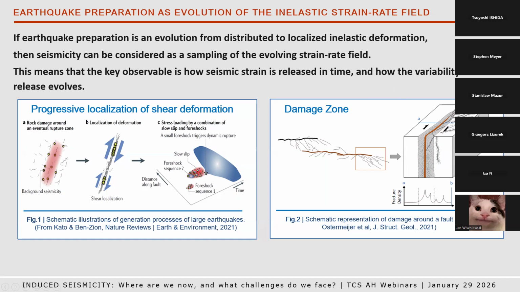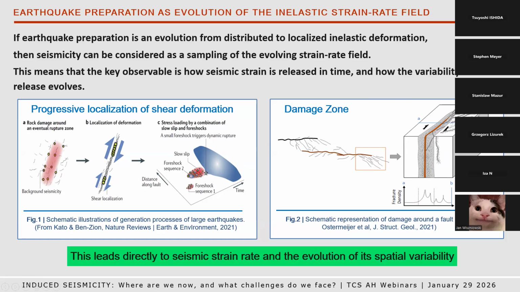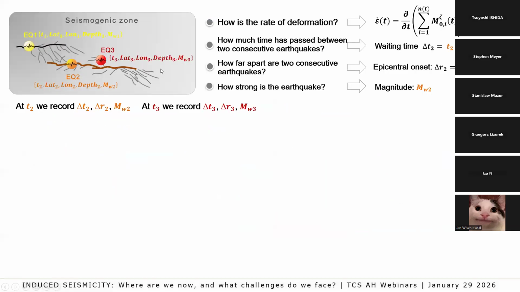This means that the key observable is how seismic strain is released in time and how the variability of this release evolves. And this directly leads to our approach, where we propose two metrics to measure seismic strain rate and its spatial variability. And to do this, let's define some new parameters.